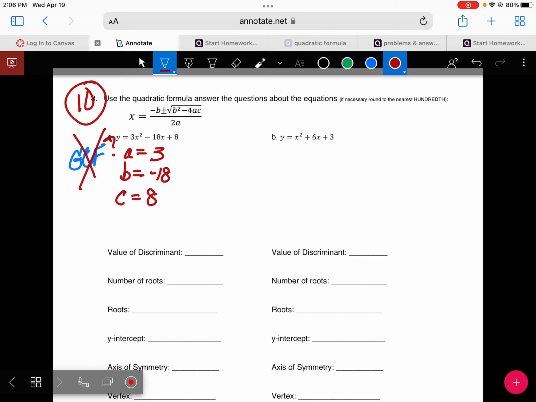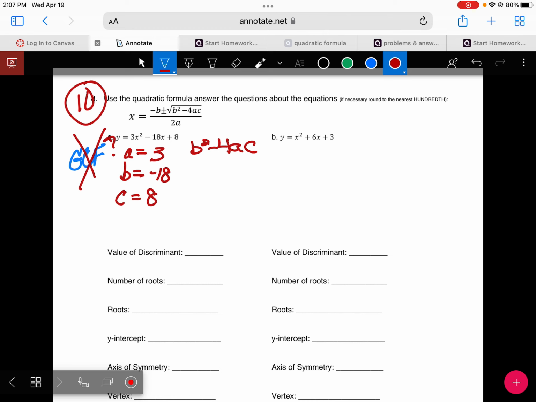Okay, first of all, it's asking for the value of the discriminant. Do you remember what the discriminant is? It is part of the quadratic formula, but not the whole thing. The discriminant is b squared minus 4ac. It's the part underneath the radical.